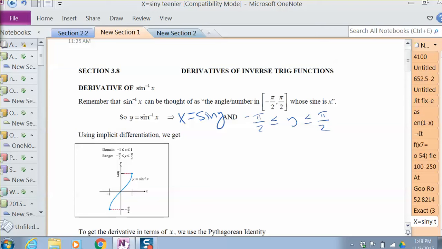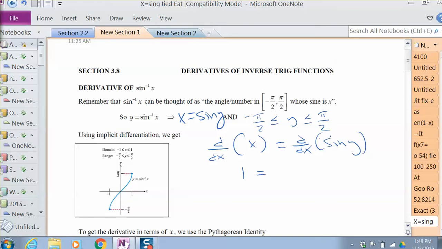So if I took the derivative of both sides with respect to x, then of course that becomes 1 on the left side. The other side, we're using implicit differentiation, you get cosine y, but times dy over dx.